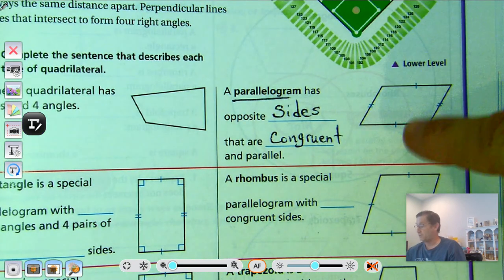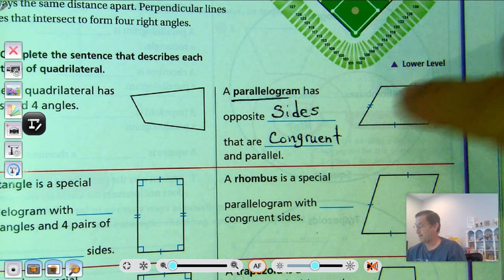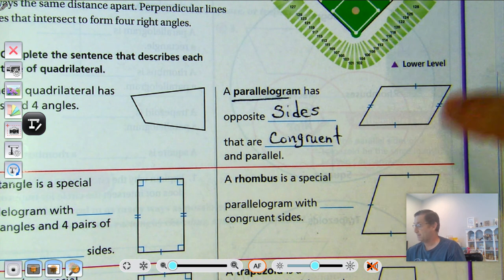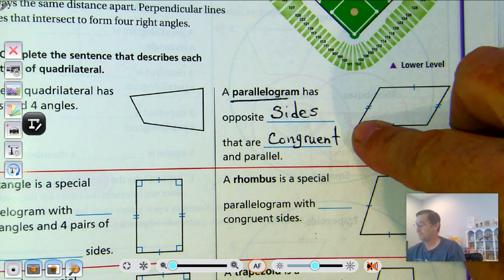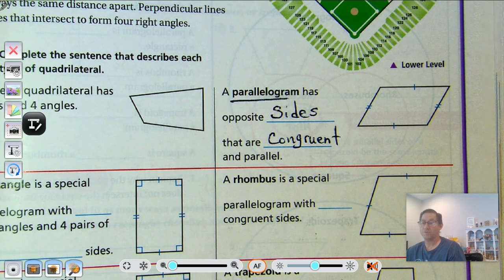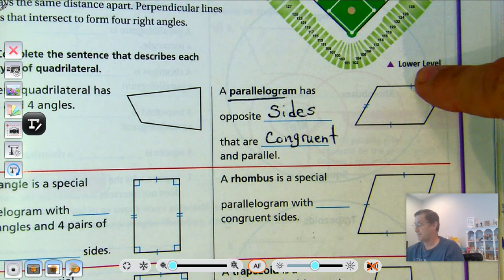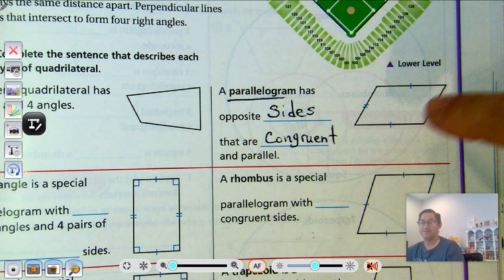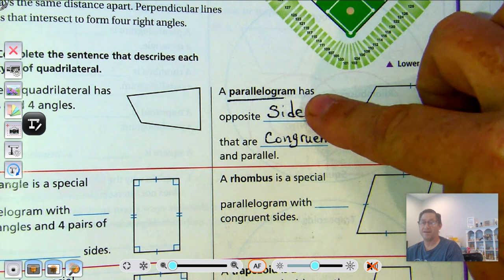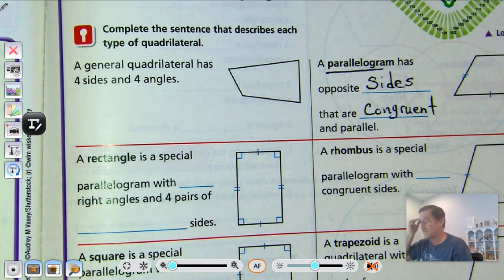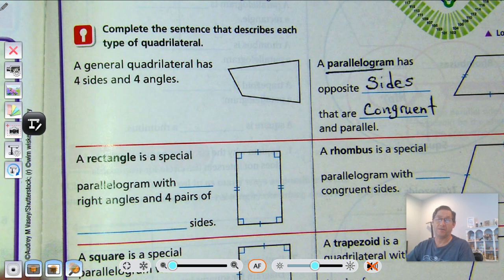The congruent marks tell us that this side and this side are congruent, or the same length. This side and this side are also congruent. When we say opposite sides, this side is opposite from this side, and this side is opposite from this side. So a parallelogram has opposite sides that are congruent and parallel.